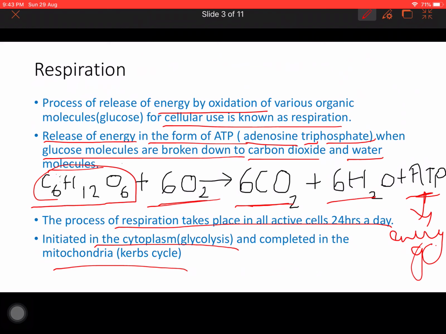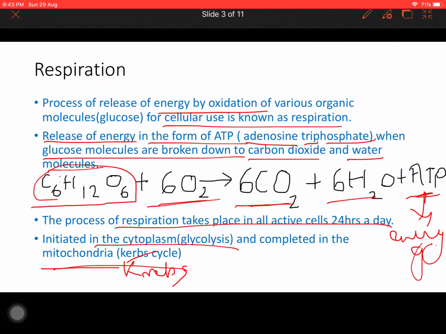In the cytoplasm, oxygen is not required. That is the anaerobic part. And the mitochondria is where oxygen is used. The Krebs cycle is completed in the mitochondria.